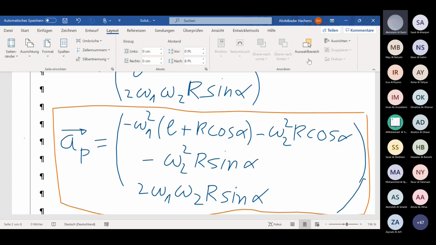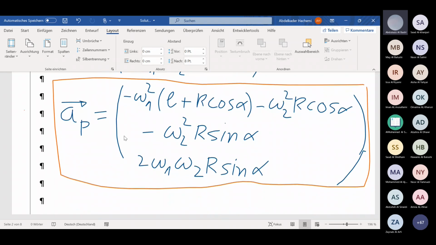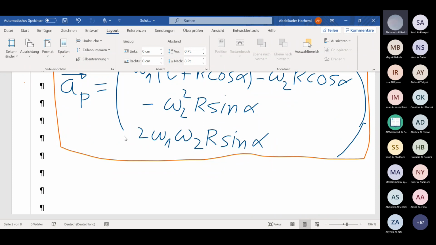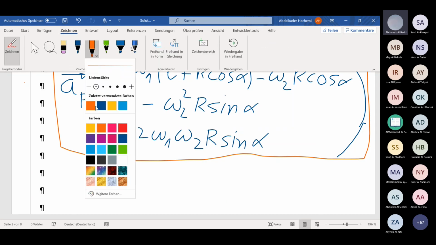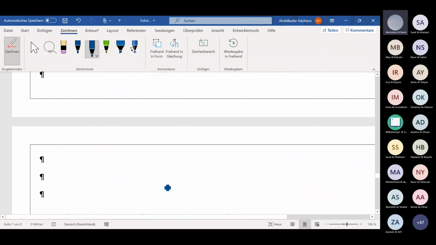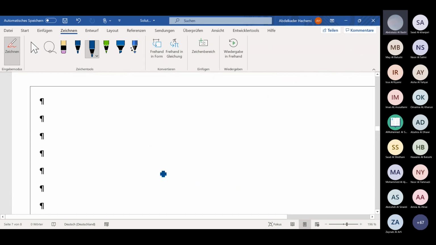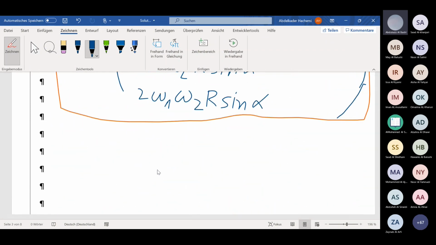Okay, then we have to determine the angular velocity and the angular acceleration of the disk D. If we do so, we have in general the angular acceleration, omega dot absolute.